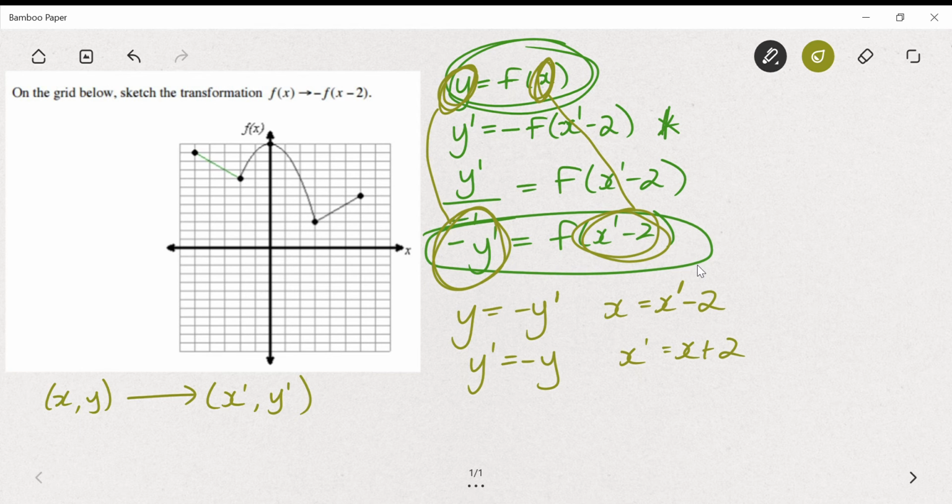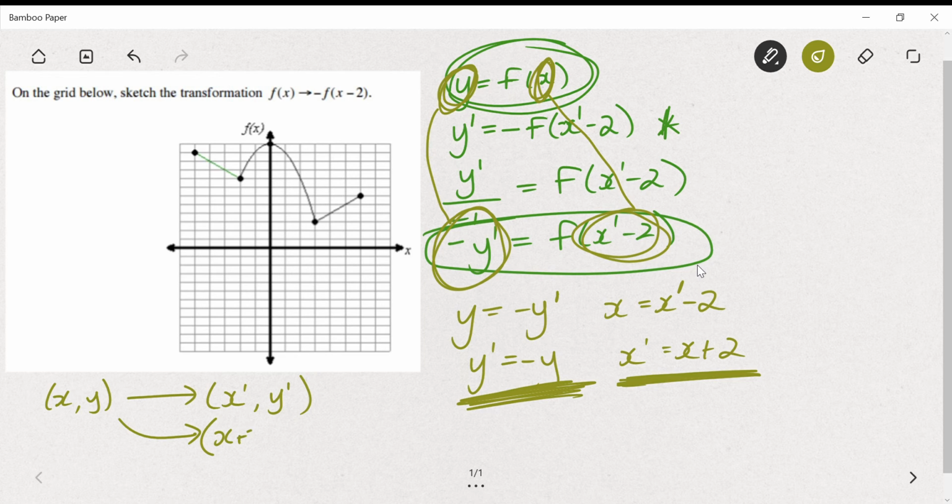Well, we've just figured out what x prime equals and what y prime equals in terms of the original value. That is, we've shown that it maps to x plus 2 and it maps to minus y. So I can just take each of those points and do that mapping.